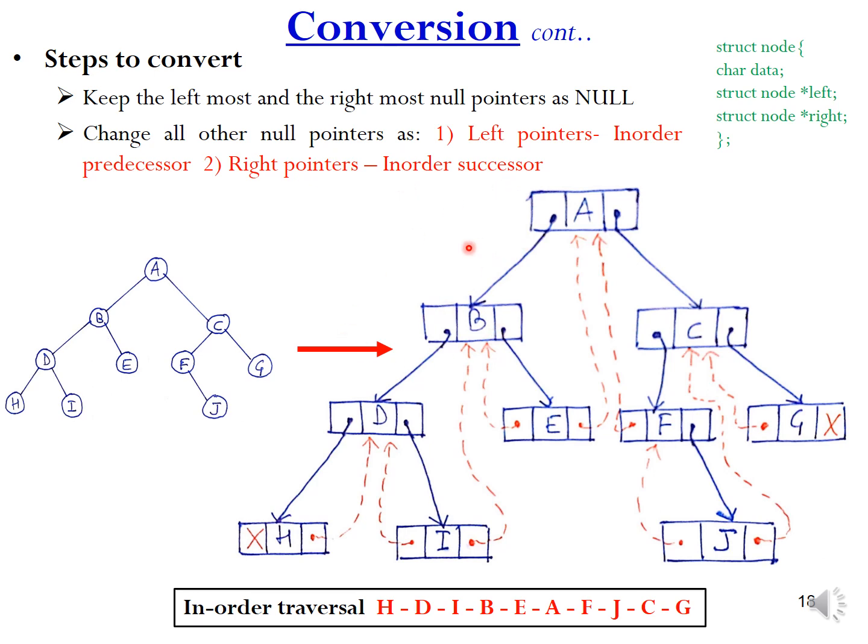Like here in this binary tree, the left pointer of node I points to node D, its in-order predecessor, and the left null pointer of node J points to its in-order predecessor, node F. In the same way, the left null pointer of G points to node C, and the left null pointer of E points to node B. So all the left null pointers of I, E, F, G, and J are pointing to their in-order predecessors.